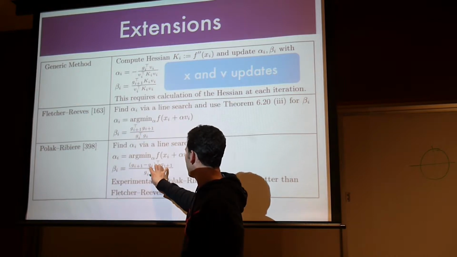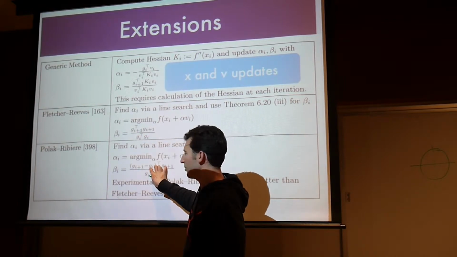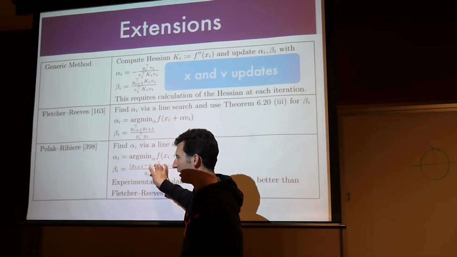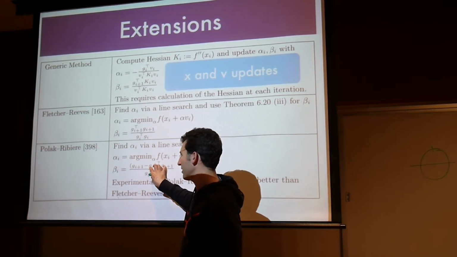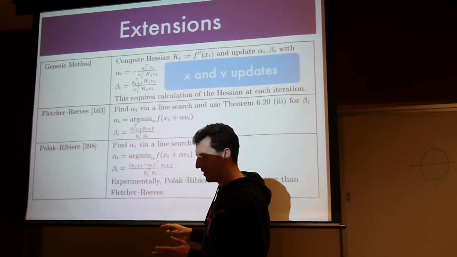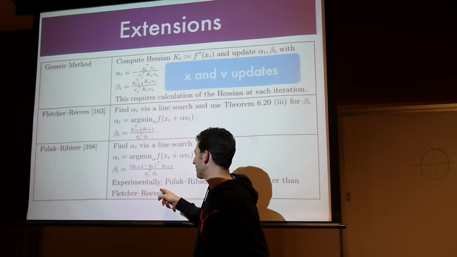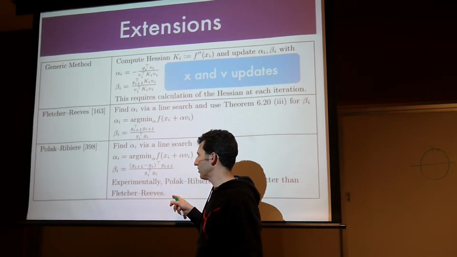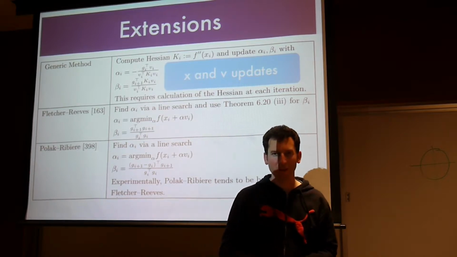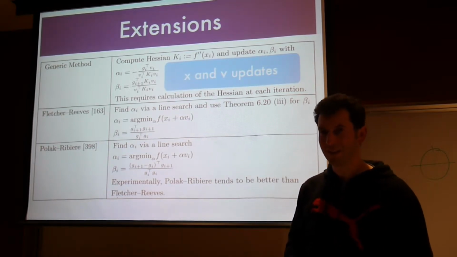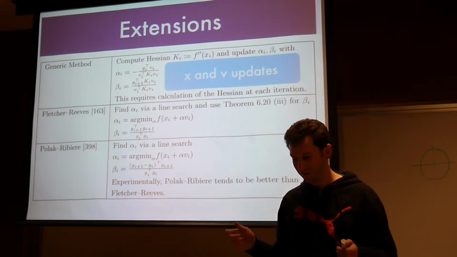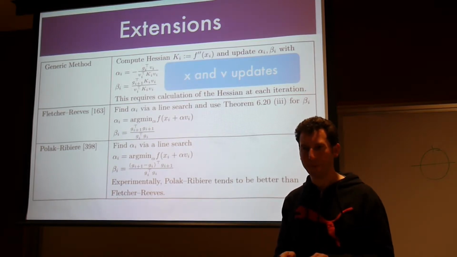And you can do that because you can assume that these gradients are actually orthogonal to each other, so this goes away in a quadratic case, but in a non-quadratic case, of course, they don't go away. And you can make some convergence argument why this is a good idea. So if you ever hear about Fletcher-Reeves or Polak-Ribière for solving general convex functions, don't be scared. That's really what they're doing. This is essentially a fancy version of conjugate gradient descent.